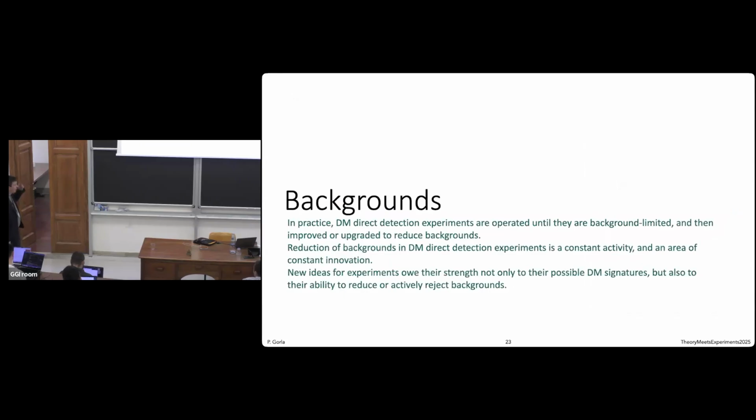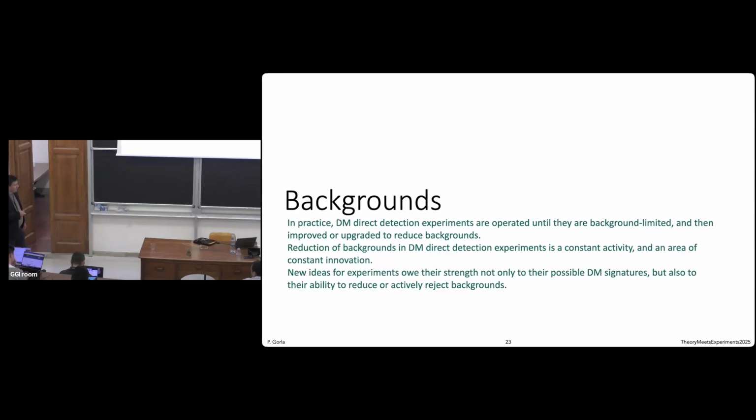Backgrounds also, you heard quite a bit yesterday, so I will mostly skip this part. In practice, dark matter direct detection experiments are operated until they're background limited. So you then have to improve, so reduce the background level, because continuing to measure with that detector doesn't increase your sensitivity.